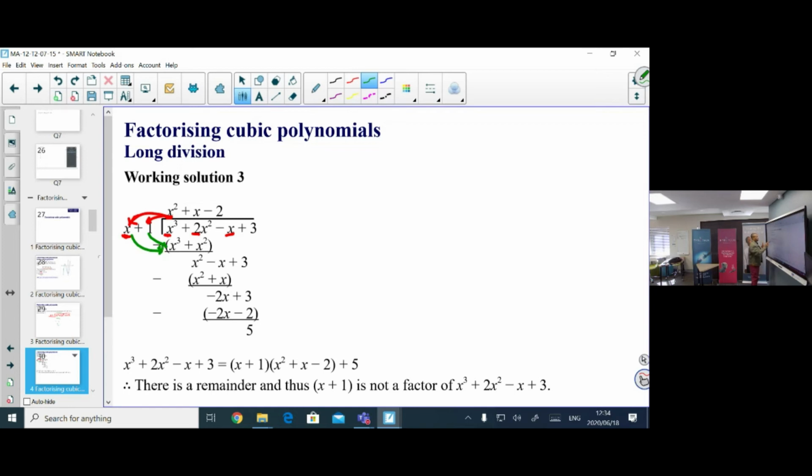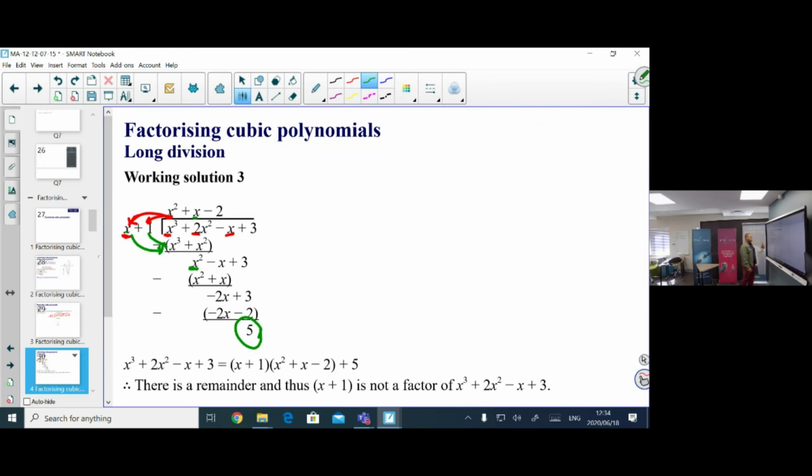So you have x squared times x being x cubed, then x squared times 1 being x squared. You subtract these, then you get another solution. You divide it again by your x, you get your answer. You do the same. So in this case, there is actually a remainder, which is 5.